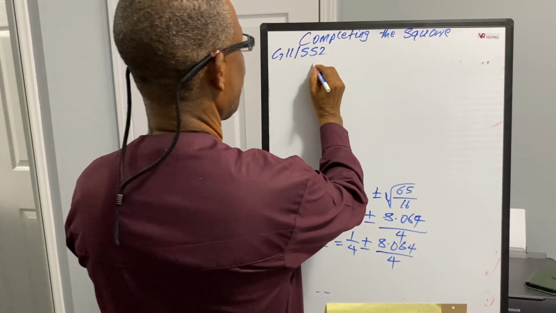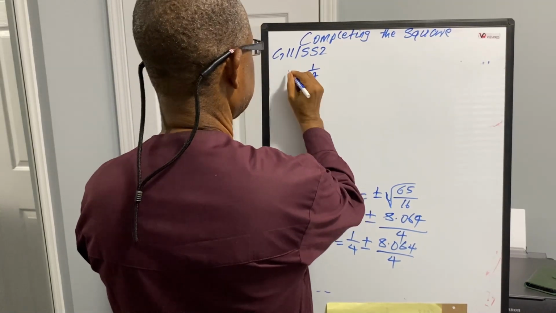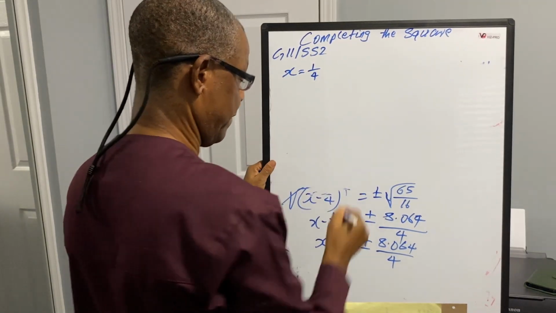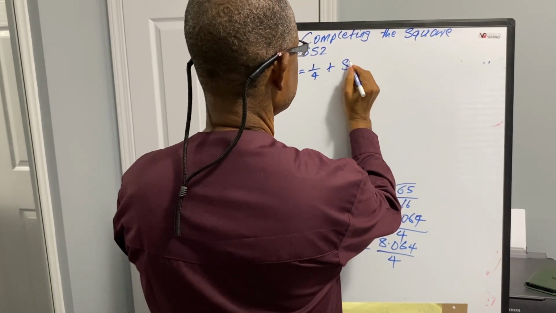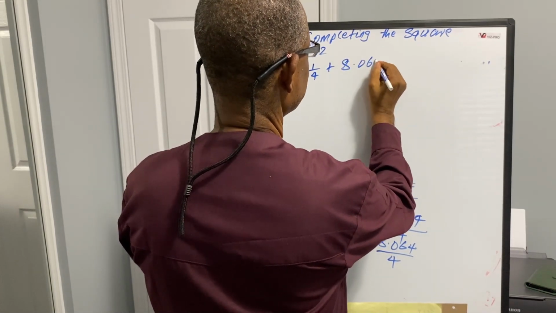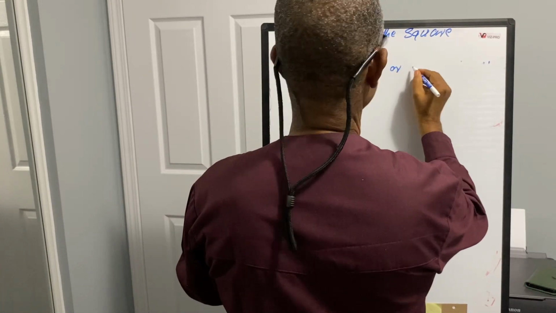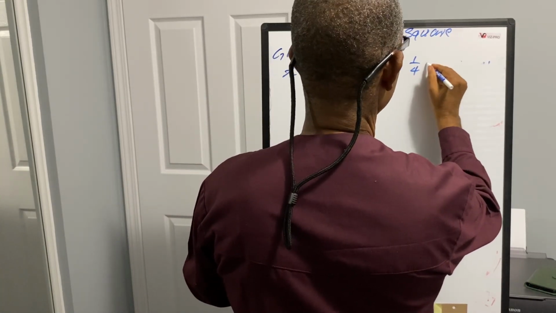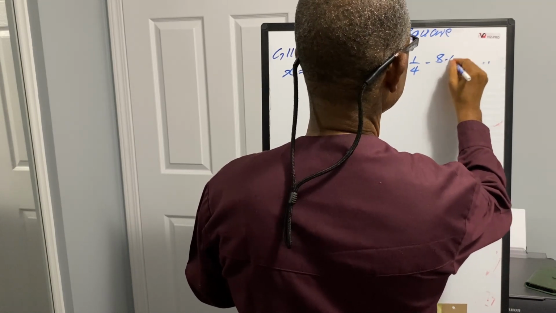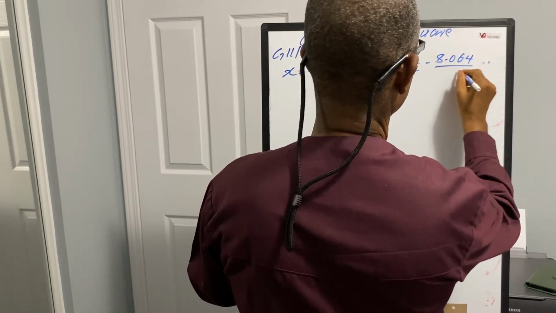We have x is equal to 1 over 4 plus 8.062 over 4, or 1 over 4 minus 8.062 over 4.